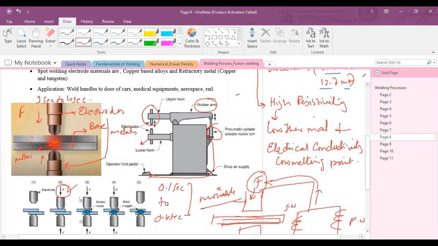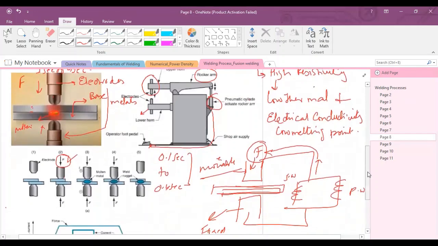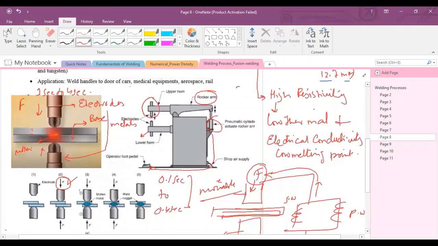When the base metal is melted, the current turns off and the force holds the base metal, and due to this force mechanical pressure is generated, and that pressure completes the formation of the welded joint.